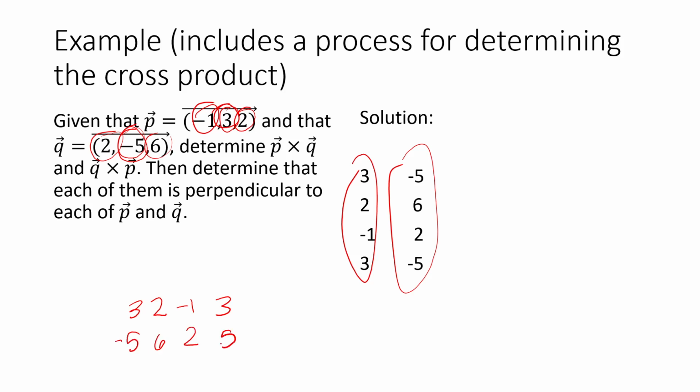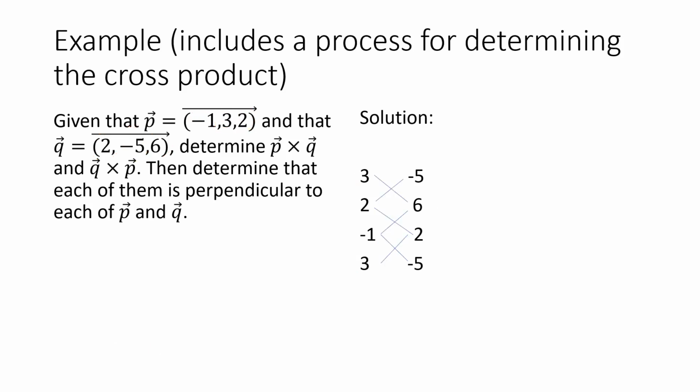They're going to get the same answer that we get. Sometimes I use columns, sometimes I use rows. It doesn't really matter. But what we then do is we say, okay, what's 3 times 6 minus 2 times -5? And we come up with an answer. What's 2 times 2 minus -1 times 6? We come up with an answer. And what's -1 times -5 minus 3 times 2? And we come up with an answer.